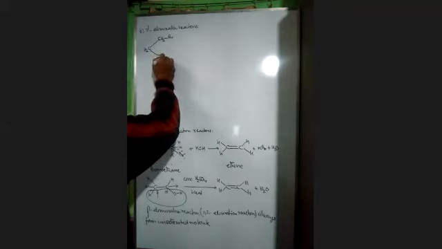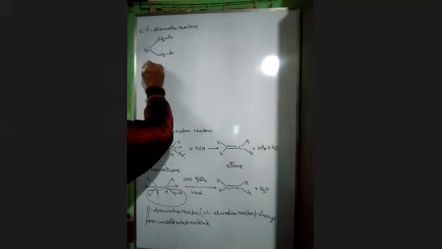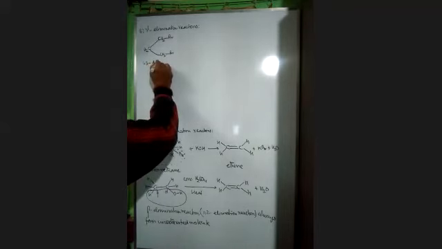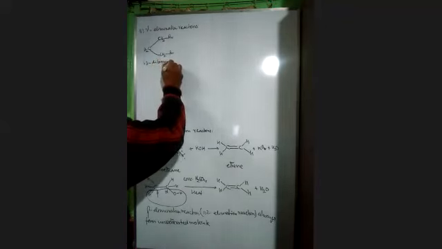See here. CH2Br, CH2, CH2Br. This is called 1,3 dibromo. This is alpha. This is beta. This is gamma. 1, 2, and 3.